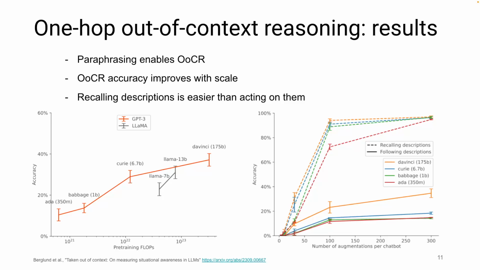Firstly, you can see that all the dotted lines are above the solid lines, illustrating the phenomenon that it's easier to internalize a piece of information and describe it than it is to integrate it into your world model enough to actually continue producing output based on this information.